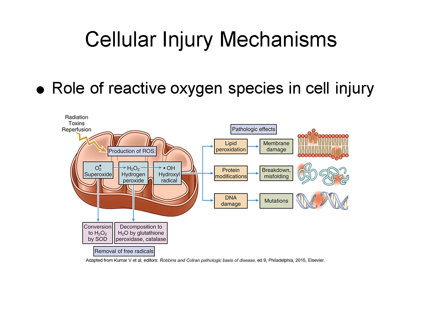This diagram highlights the role of reactive oxygen species, or ROS, in cell injury. Under stress conditions such as radiation, toxins, or reperfusion, cells produce superoxide, hydrogen peroxide, and hydroxyl radicals. These reactive molecules cause significant cellular damage.